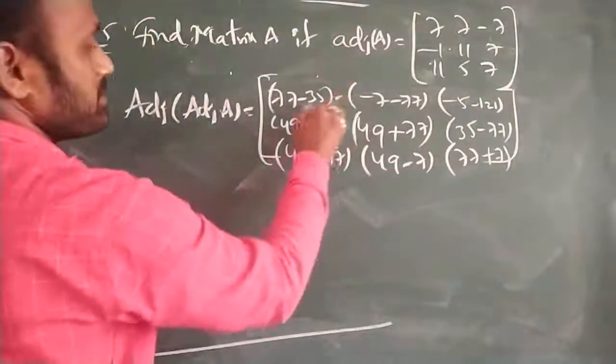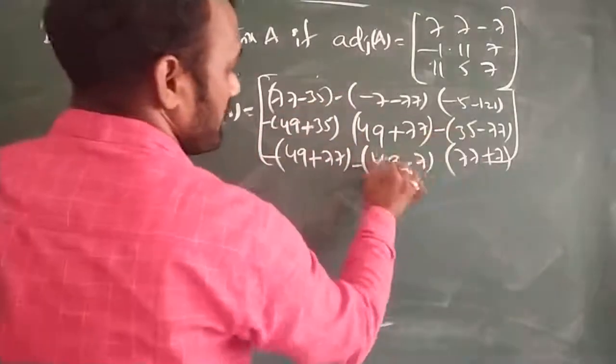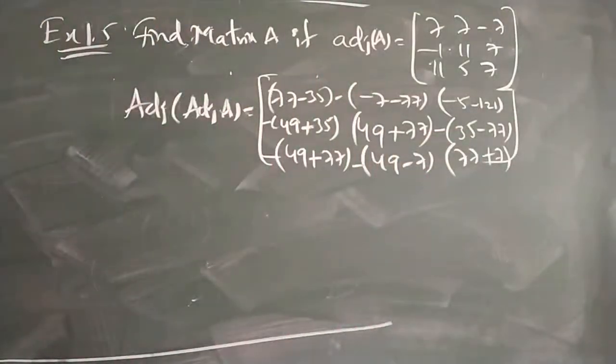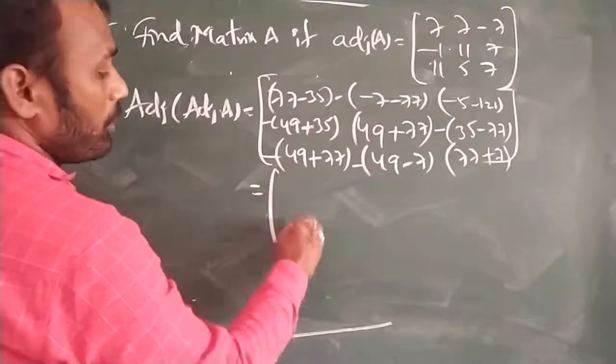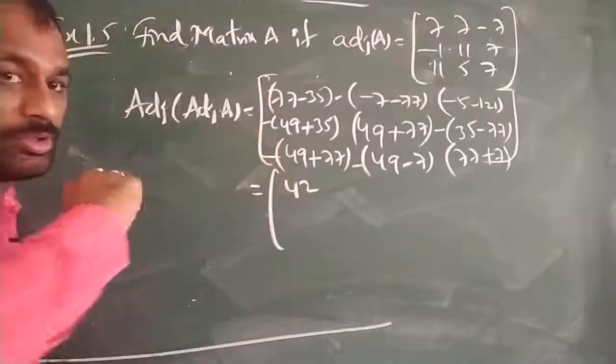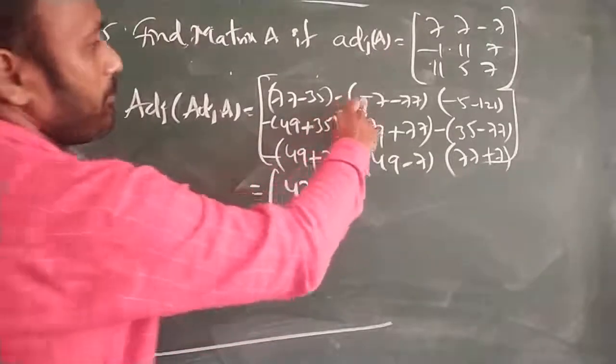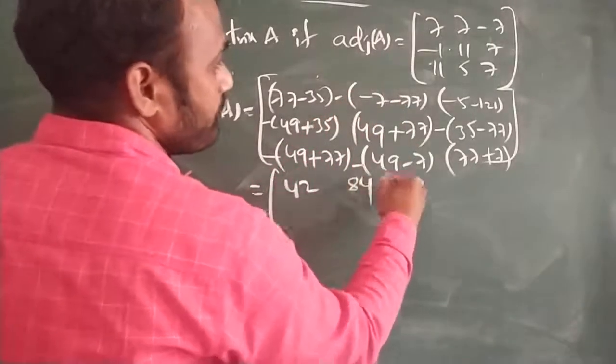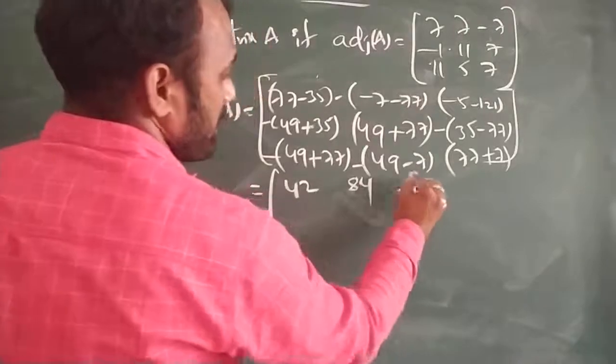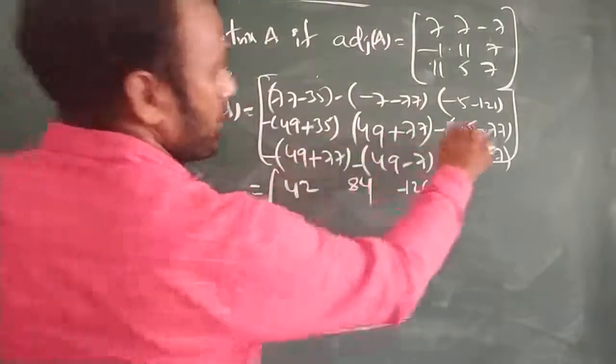Now here minus, here also minus, here also minus, and here also minus. So the remaining matrix we are going to get is 42, plus 84, 126, and so on, with the whole thing transposed.